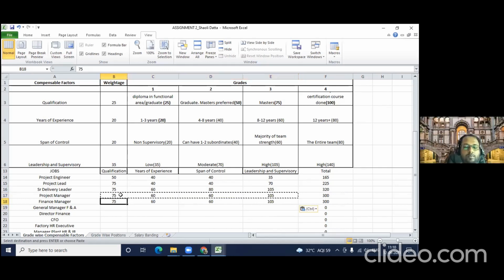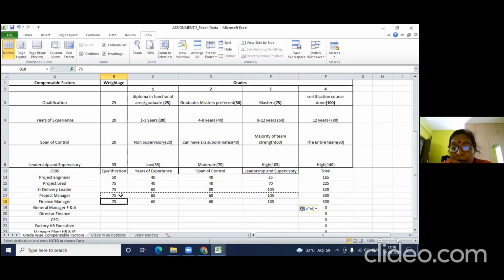Guys, you should also note that here you are only focusing on the concept and the technique. So you are not probing further into the job description, every aspect of it, and you're just assuming.